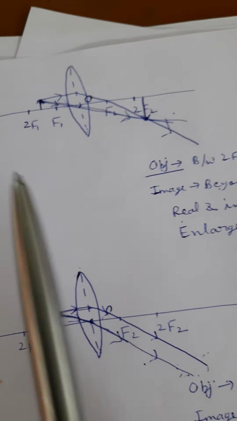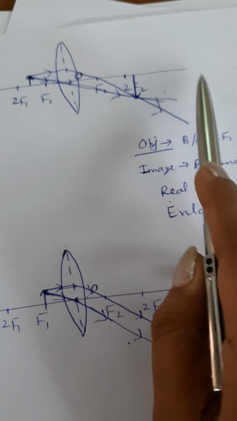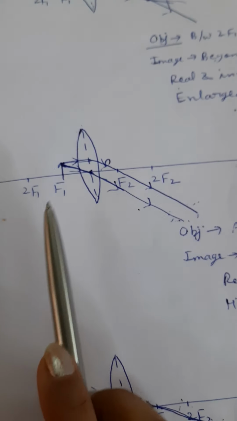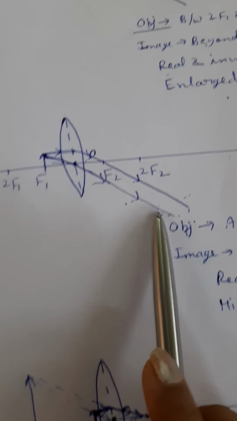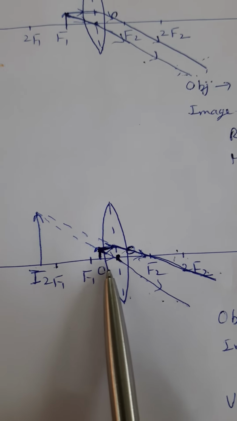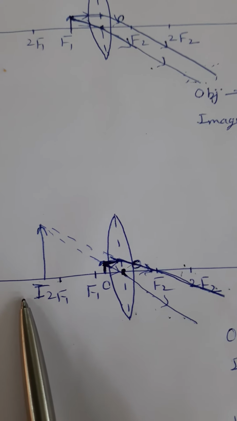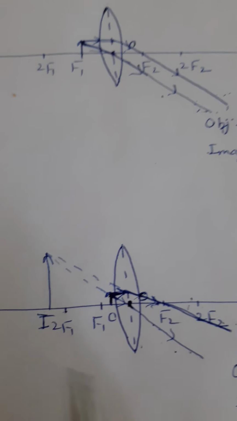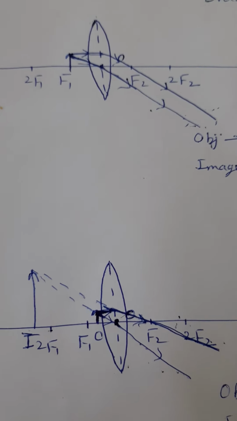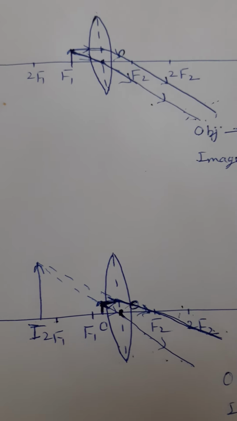After that the object is between 2f1 and f1, the image is beyond 2f2. Then the object is at f1, the image is at infinity, and when the object is kept very close, between O and f1, the image is on the same side as the object is kept. Here we can see that as the object is moving towards the lens, the image is moving away from the lens.